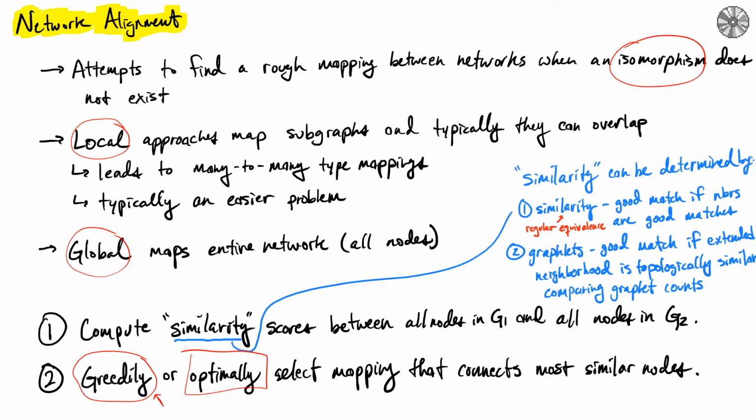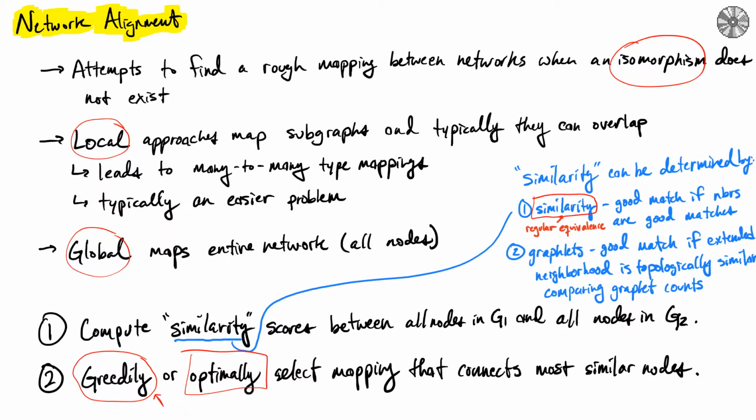In the literature, if you're just using solely graph structure, we see a number of different ways that people do this. One of the most popular ways, and it's given by the name, is to actually go ahead and compute similarity scores the way that you would based on regular equivalence, and that would indicate a good match.